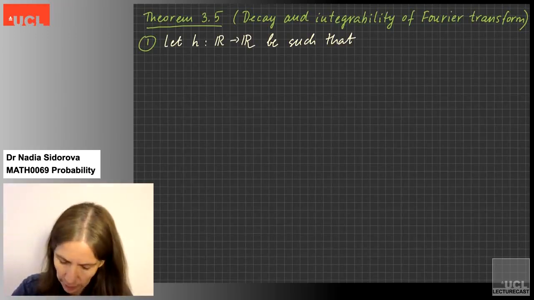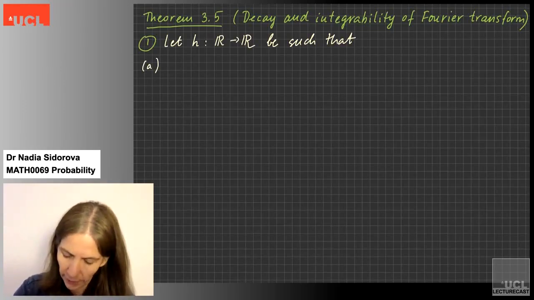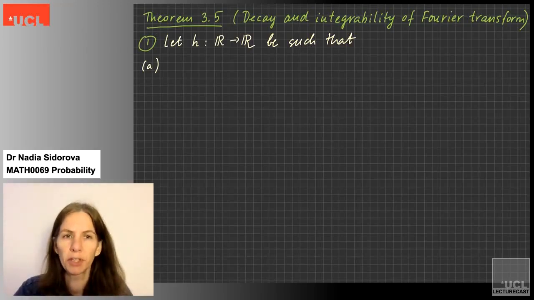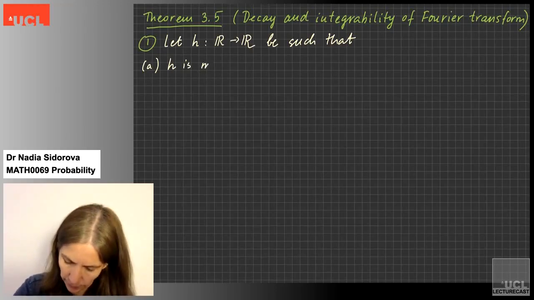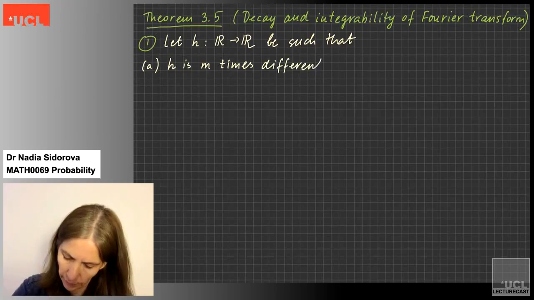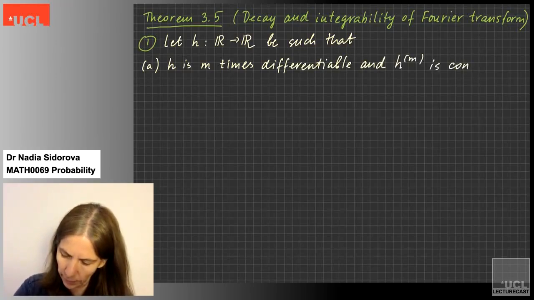Condition 1, or let me say A, is that h is m times differentiable and its mth derivative is continuous.